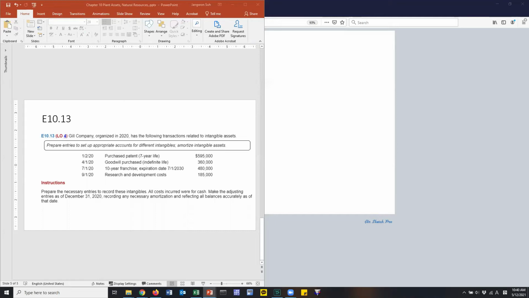As a result, we need to reduce the value, right? If the legal protection expires in certain years, then during that period of years, we should reduce the value of these intangible assets, like depreciation. But we don't call it depreciation. When it comes to intangible assets, we call it amortization.